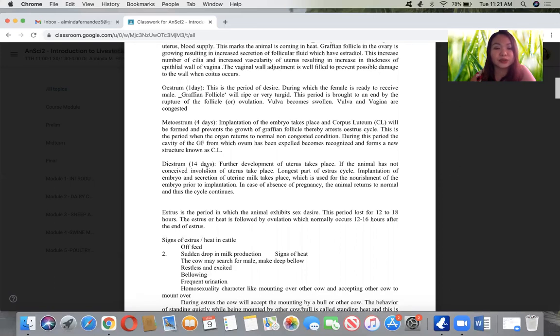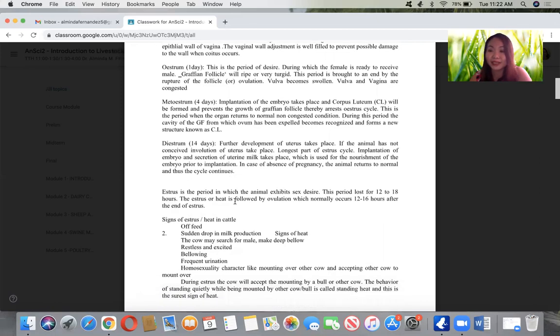And the diestrum is 14 days for further development of the uterus. If the animal has not conceived, involution of the uterus takes place. So the longest part of the estrocycle is the diestrum, and the implantation of the embryo and secretion of uterine milk takes place, used for the nourishment of the embryo prior to implantation. If there is no pregnancy, the animal returns to normal and the cycle continues.